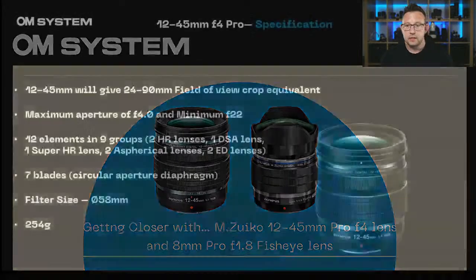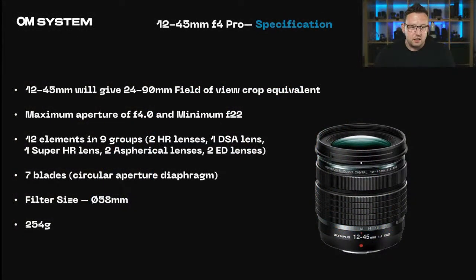So let's start with some specifications. We'll look at the 12 to 45 f4 Pro first. Now, obviously, if you've been using Micro Four Thirds for a while, then you'll know that the field of view crop equivalent is 2 times. If you're new to Micro Four Thirds, or you're thinking about coming into Micro Four Thirds, you may not know that.